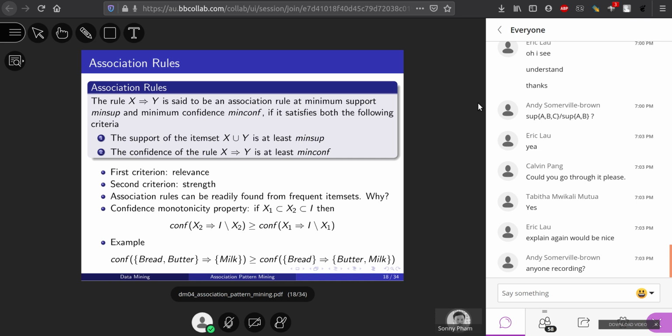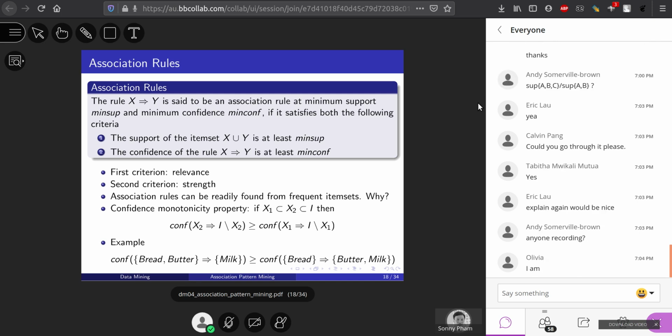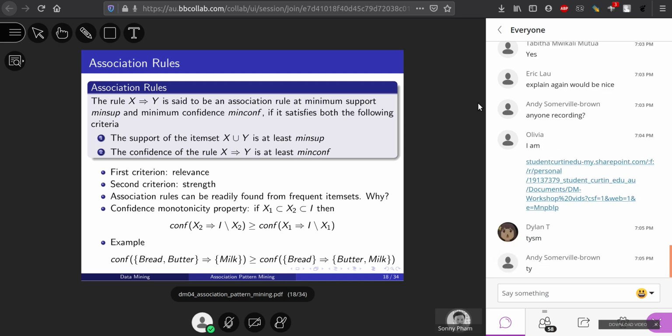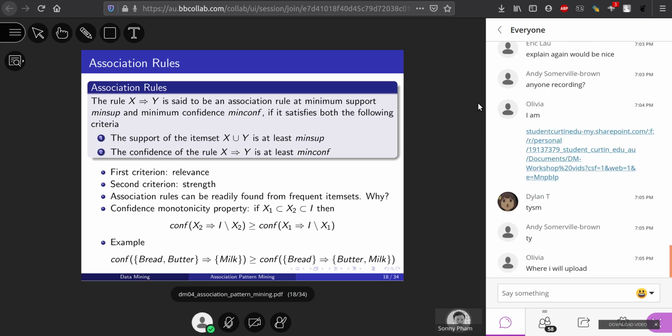The first possibility is, if the customer has already purchased bread and butter, how likely is it that the customer also purchases milk? That is the first one. And the second scenario is that if the customer has already purchased bread, how likely is it that the customer will also purchase butter and milk? Now the difference between these 2 cases is that you can see, right?